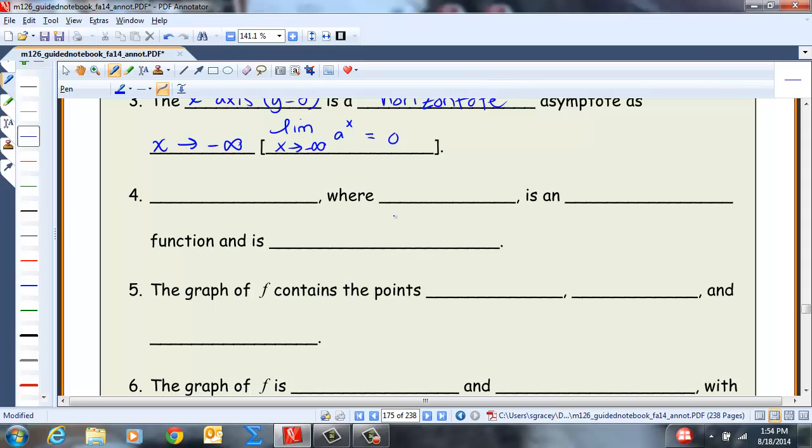And then fourth, we have f of x equals a to the x, where a is greater than 1, is an increasing function and is 1 to 1.